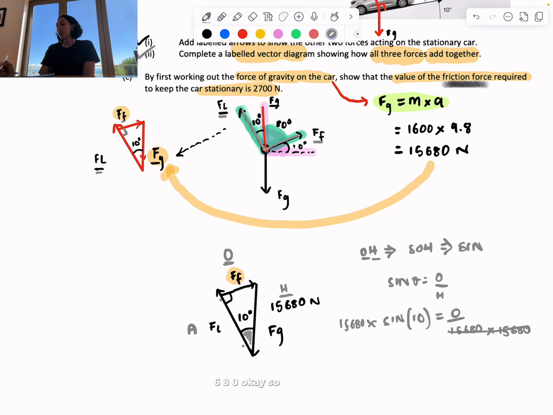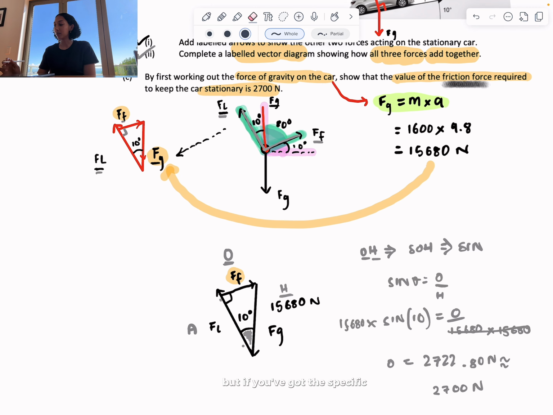Okay, so plugging that into the calculator, what we get is 2722.80 newtons, which is going to be equivalent to 2700 newtons, which has been rounded in the question. But if you've got the specific answer, you get this question correct.